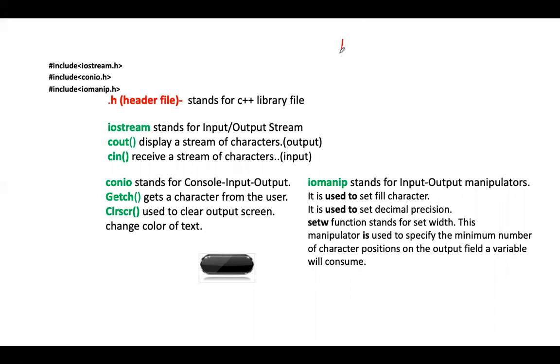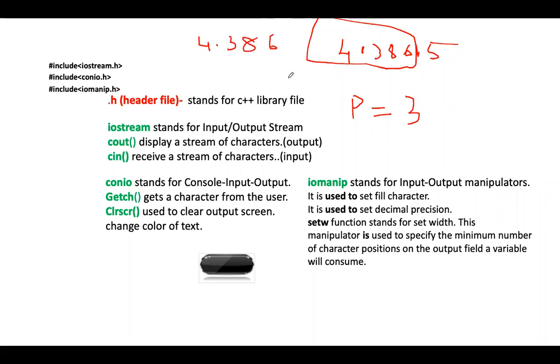As I told you, if you have a value like 4.38615, and you set the decimal precision as 3, then after the decimal point it will select 3 values and round off your result, so your final answer will be 4.386.